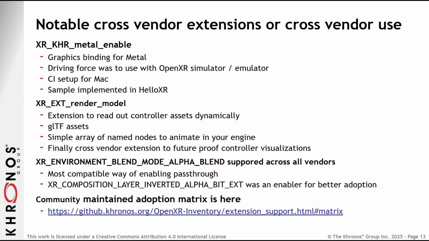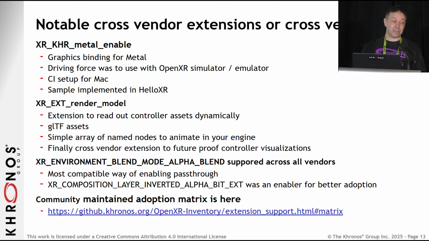So going to a few extensions here. The first one is XR KHR Metal Enable. And this is a graphics binding for Metal. Interesting. So the driving force for this one was actually one of the member companies wanted to have a simulator that could run on Mac and PC.